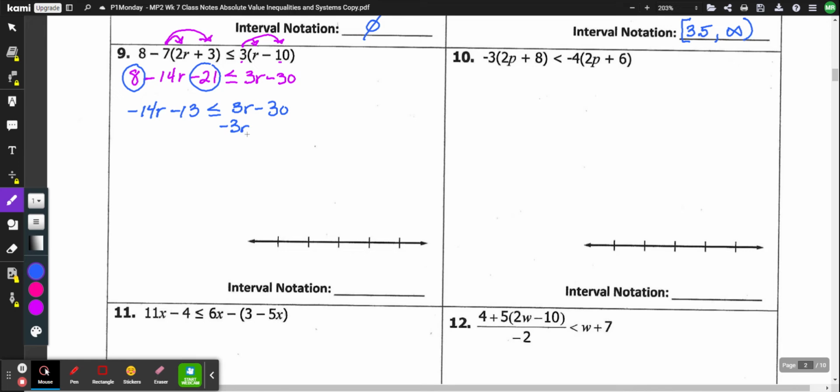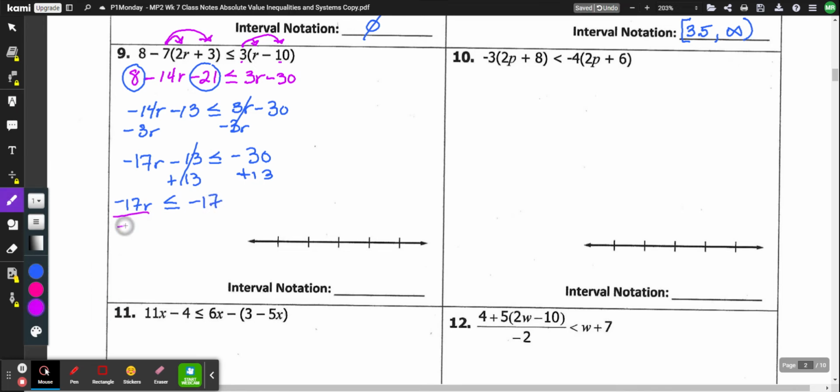Let's bring this r to the left side by subtracting 3r. Negative 17r minus 13 is less than or equal to negative 30. Now we can bring this 13 to the other side. Negative 30 plus 13 is going to equal negative 17.